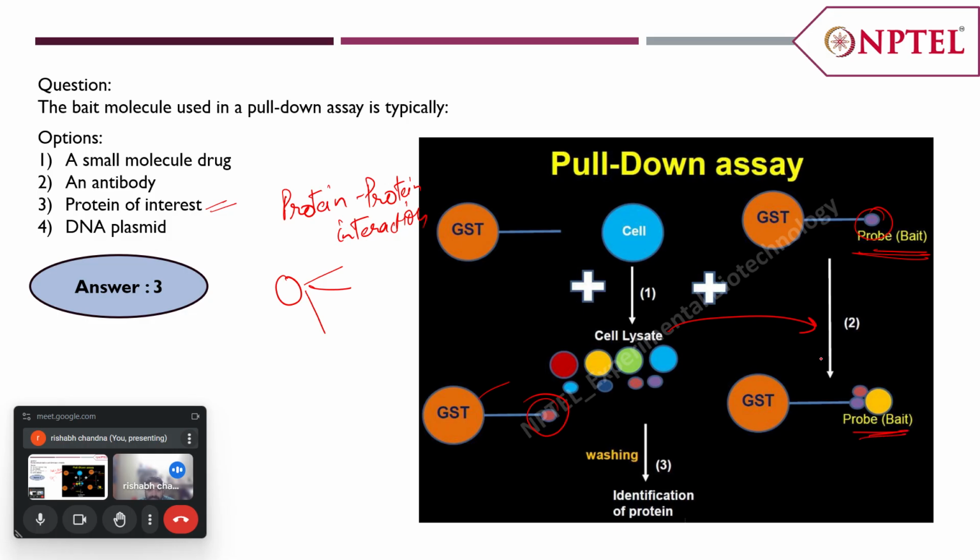Now this gives us an idea that this bait is interacting with different proteins that might be of our interest. To isolate these particular proteins that we have to study, we use a bait that interacts with that particular protein, and then we isolate that protein and identify it. So, in case of a pull down assay, we have a bait molecule that is a probe that identifies the protein that is of our interest, and that is used to study different processes inside the cell.